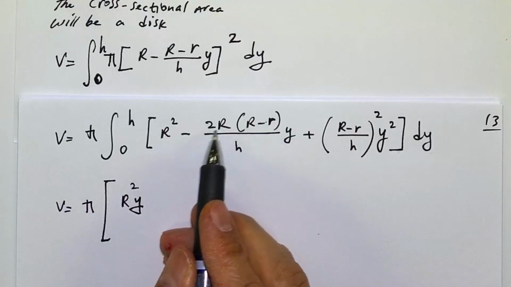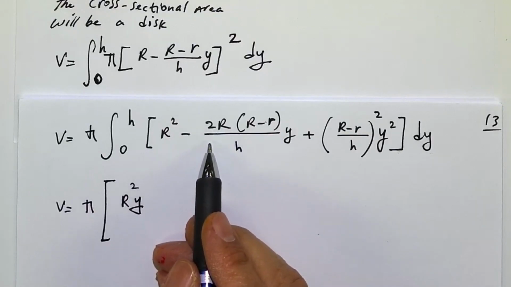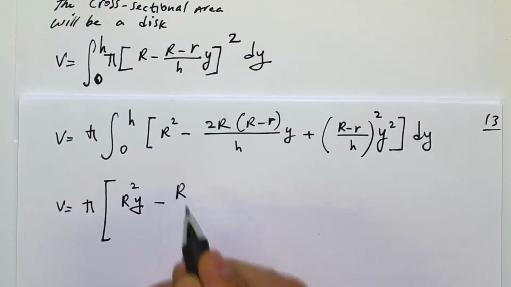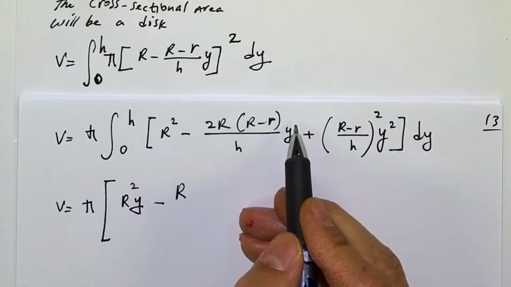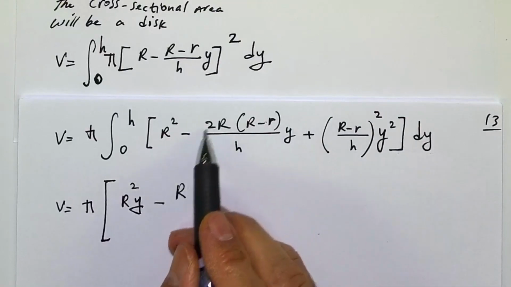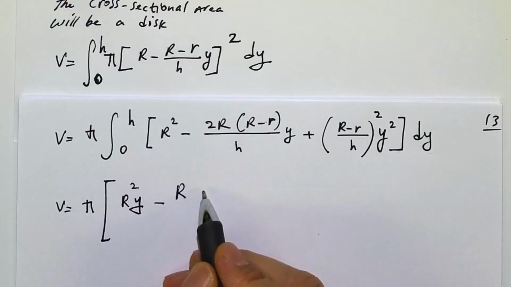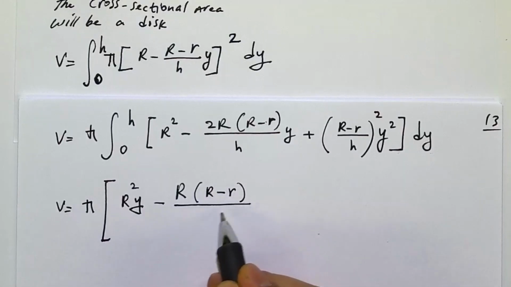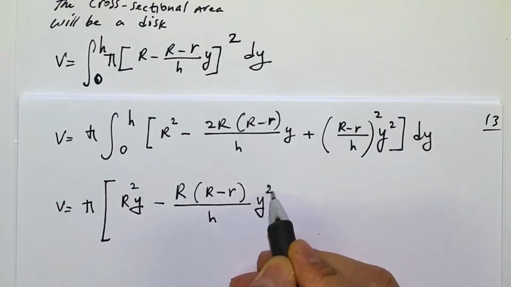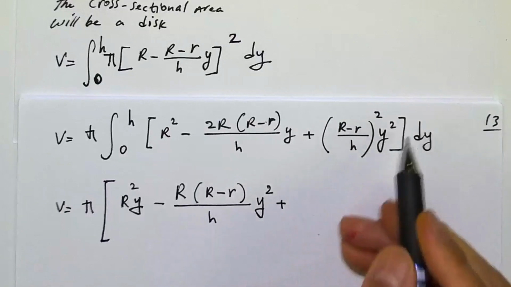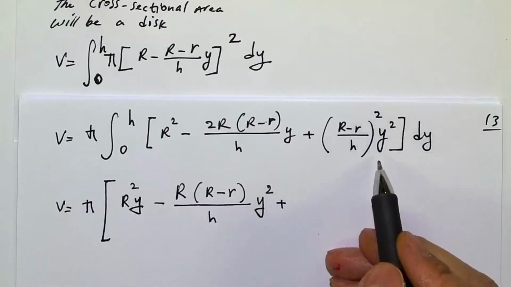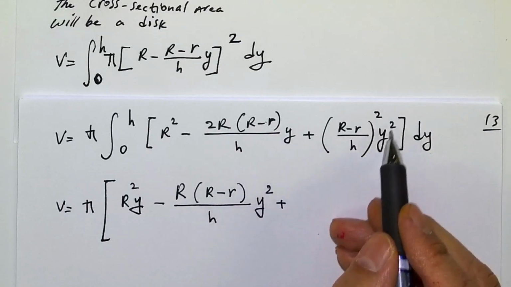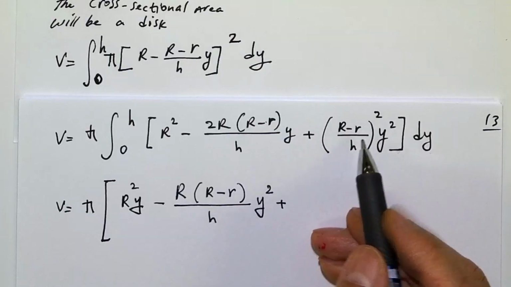And that 2 will cancel with that 2, so it'll be minus r, and this would be y squared, divided by 2, which would cancel with this 2, so we end up with minus r times capital R minus r, divided by h, y squared, plus, of course, y cubed divided by 3, or 1/3 times y cubed times all of that.